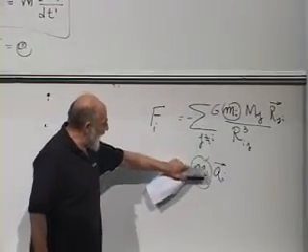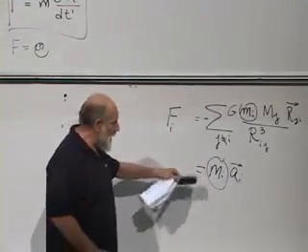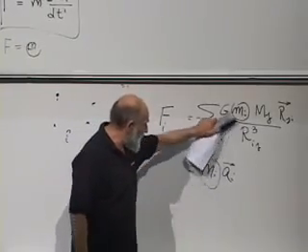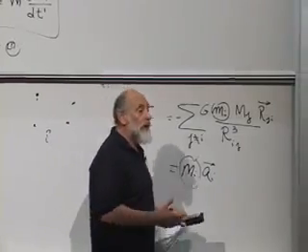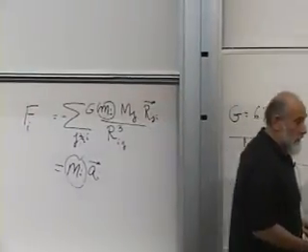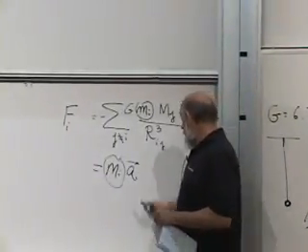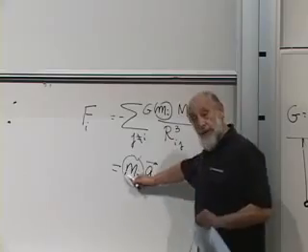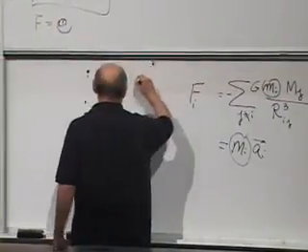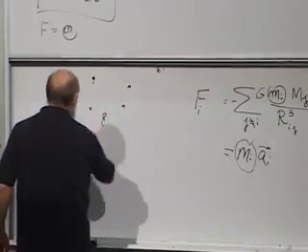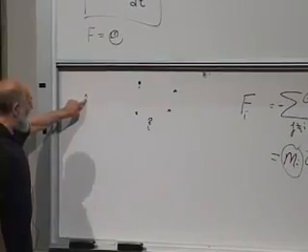We notice that the acceleration of the ith particle does not depend on its mass again. Once again, because the mass occurs in both sides of the equation, it can be canceled out, and the motion of the ith particle does not depend on the mass of the ith particle. It depends on the masses of all the other ones. So if we had a whole bunch of particles here, and we added one more over here, its motion would not depend on the mass of that particle.